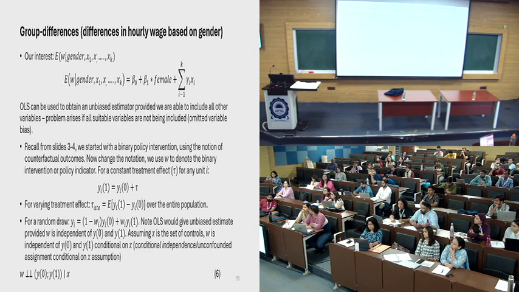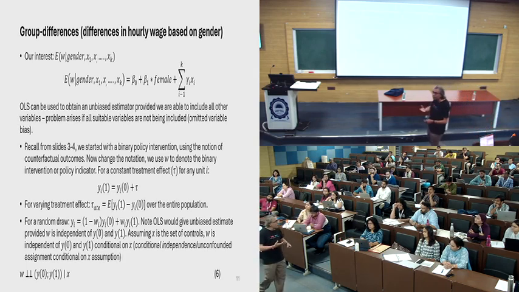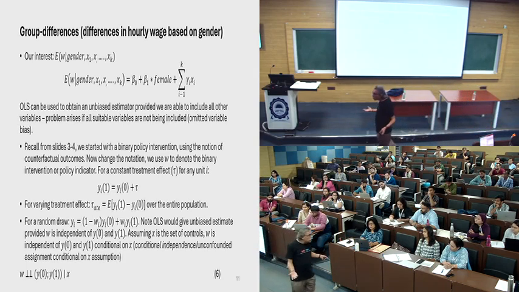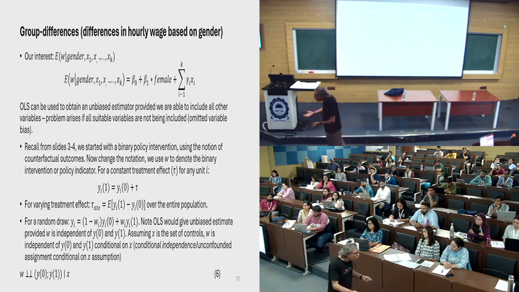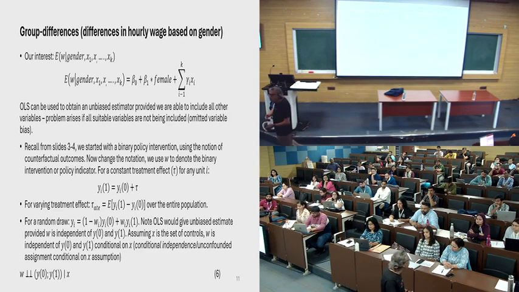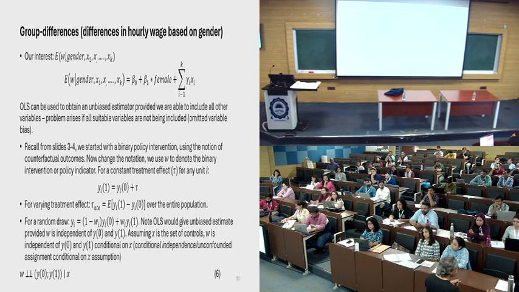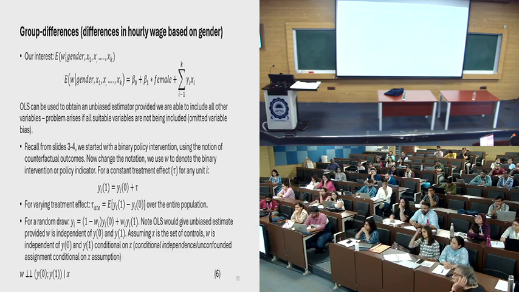Remember what we did on day one: if we are not able to include all the relevant variables, we suffer from omitted variable bias, and the omitted variable bias would lead to a biased OLS estimate. But in reality, it is almost impossible to include all relevant variables which we think could determine the wage. Right? Again, a trade-off.